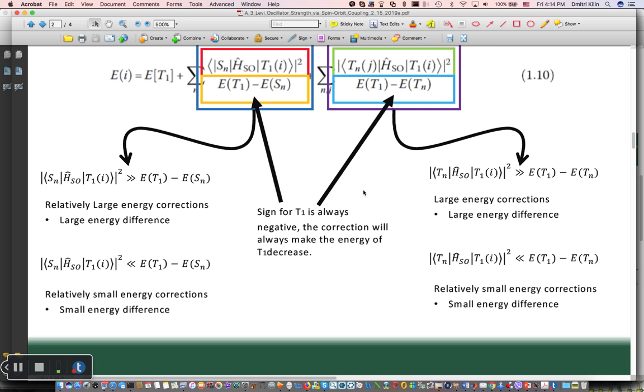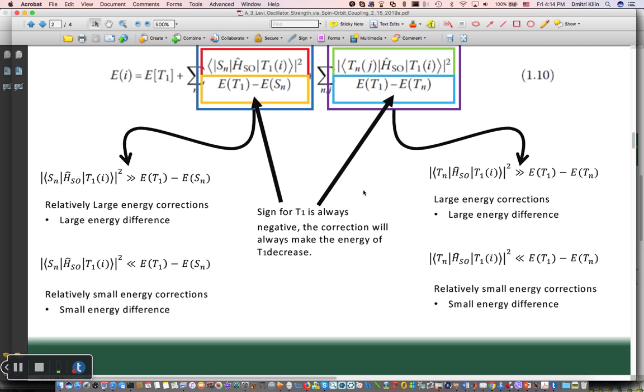Technically, you need to do something to get the spin-orbit couplings first, which is this H_SO. This is a coupling which couples the singlet and triplet states to the spin component. Unfortunately, the Gaussian software, which we're all very familiar with, doesn't have this feature. We cannot get the spin-orbit couplings from Gaussian, but there is other software which allows these calculations.